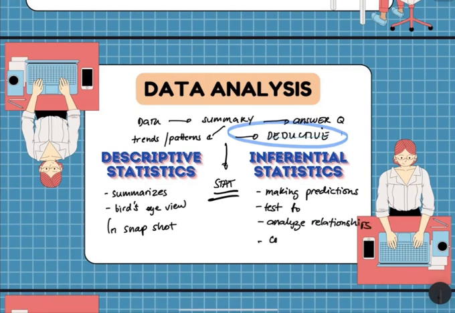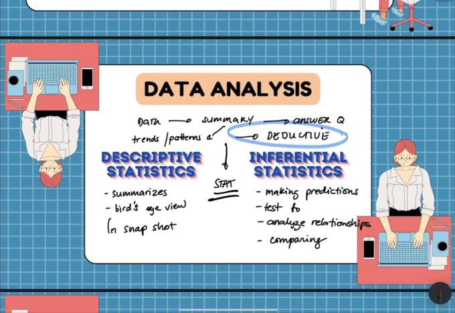Don't forget, also comparing. So that's what we do in inferential statistics. For example, if you want to know whether there's a link between study hours and test scores, inferential stats can help us find it out. And these methods let us take insights from our sample and apply them to a larger population.